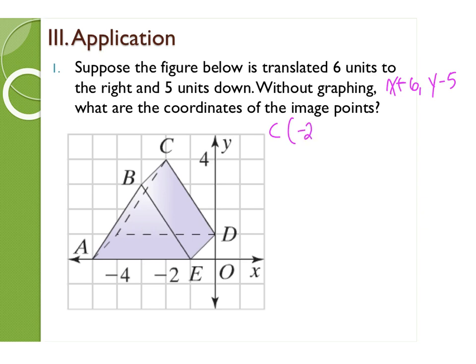My coordinates for C is negative 2, 4. Okay, if I do negative 2 plus 6 and 4 minus 5, negative 2 plus 6 is 4. 4 minus 5 is negative 1. So my new coordinates for C prime would be 4, negative 1.